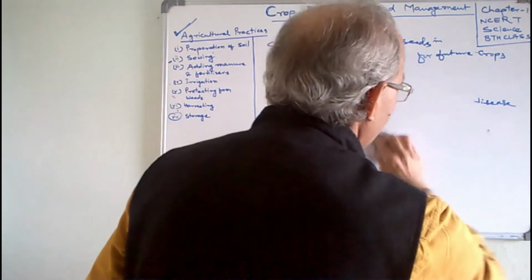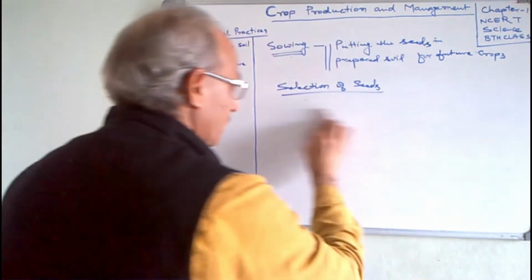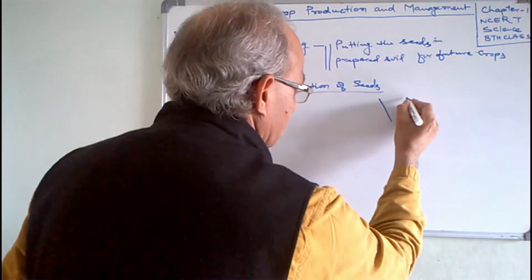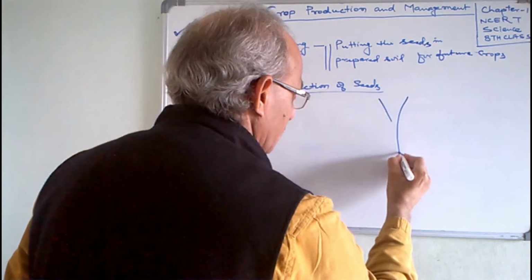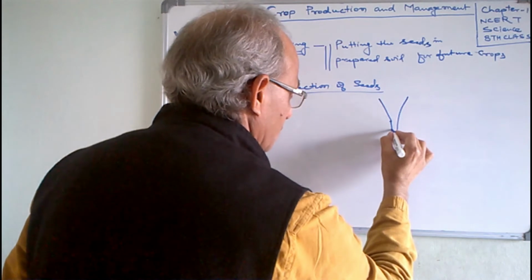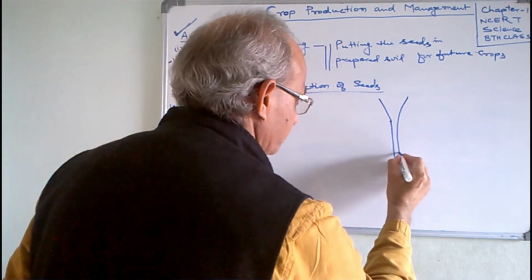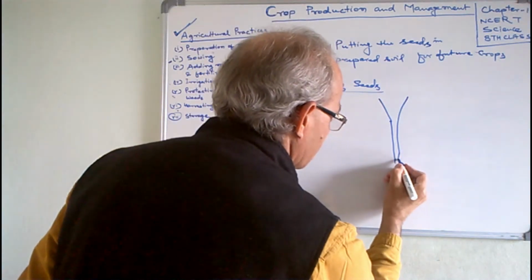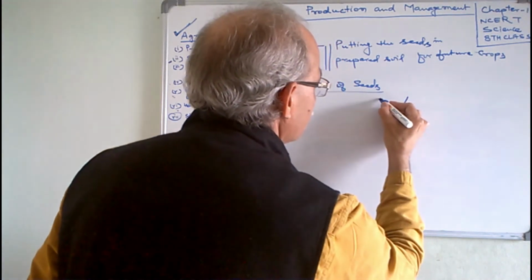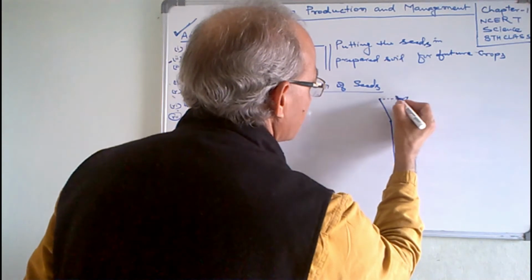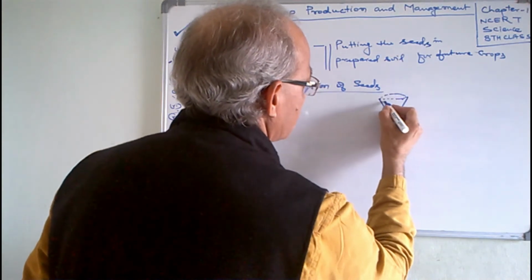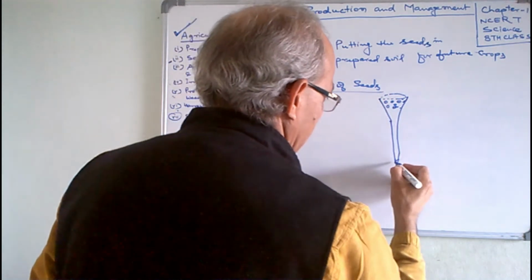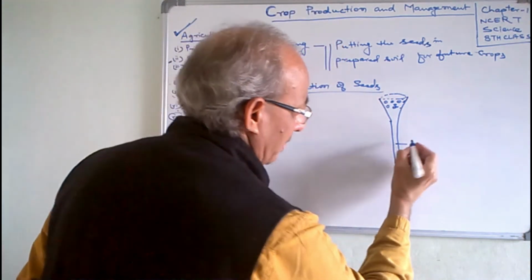That funnel shaped implement is fixed with the traditional plow. Just see here. This is the structure of the traditional seed sowing implement. This is the upper funnel shaped part in which seeds are put, and this is the pipe like structure.